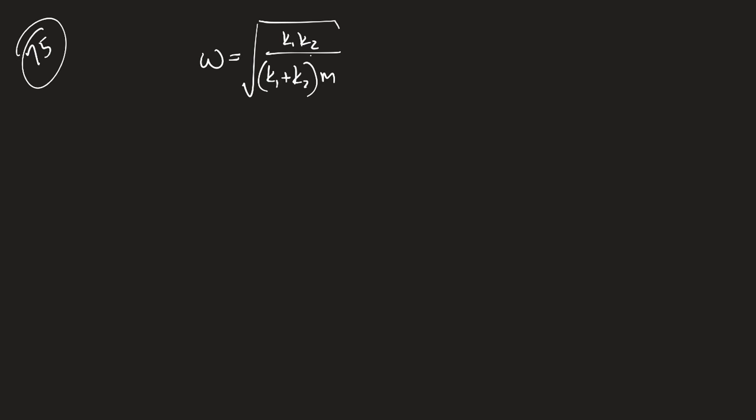Now, they want us to express the frequency, so our frequency in terms of the other frequencies. I don't have any magical method to do that, except to recognize that one spring on its own, its frequency would be equal to 1 over 2 pi times the root of K over M. So K1 for frequency 1.